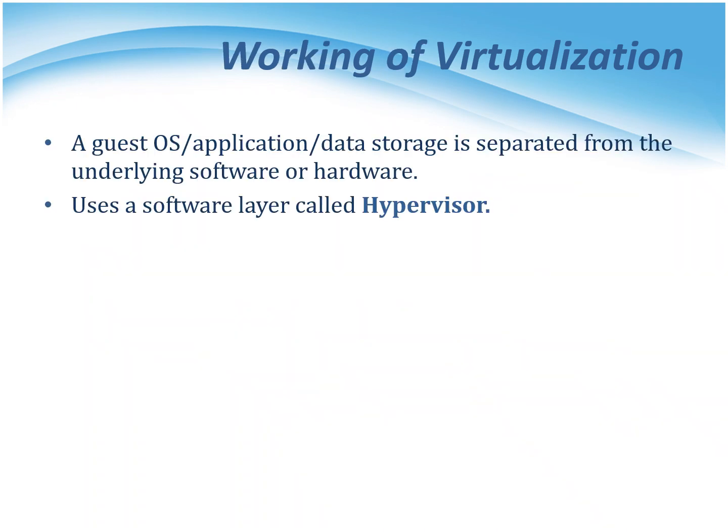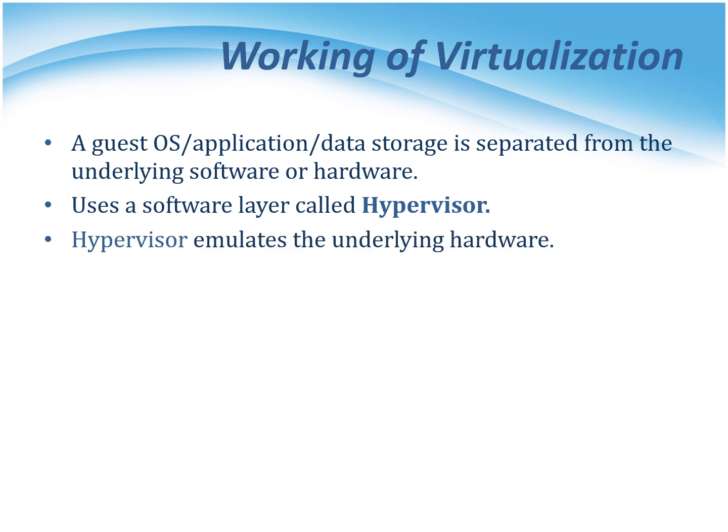So how does virtualization work? A guest OS, application or data storage is separated from the underlying software or hardware. Whatever hardware and software we have, if we want one extra OS, application or data storage, it will be separated.